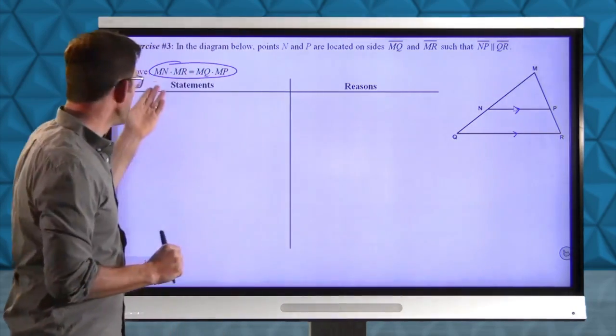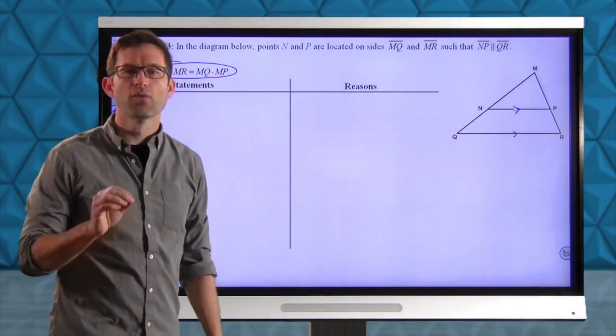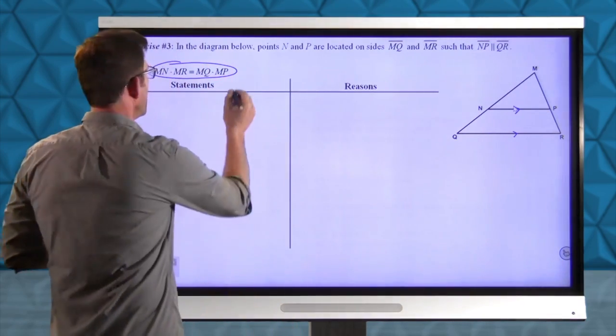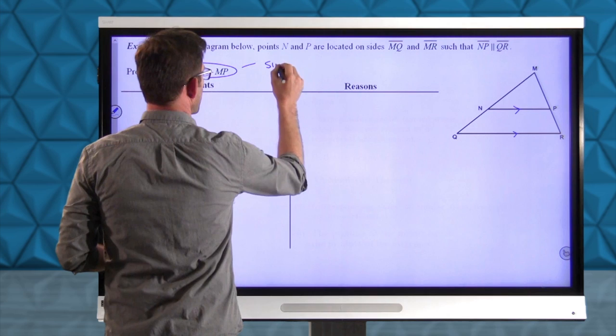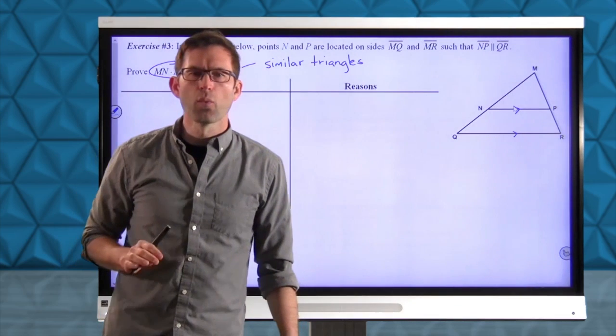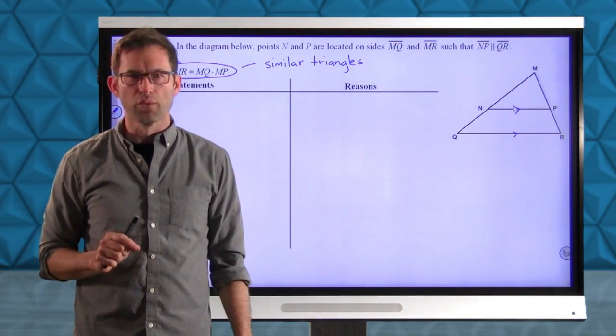If you see a statement like this in terms of what you're supposed to prove, it is a huge red flag that you're using similar triangles. It's very similar, no pun intended, to when we did CPCTC proofs, right?